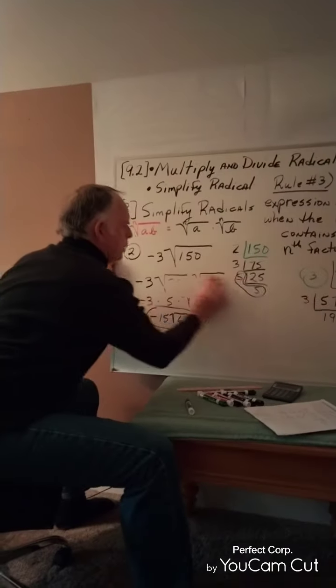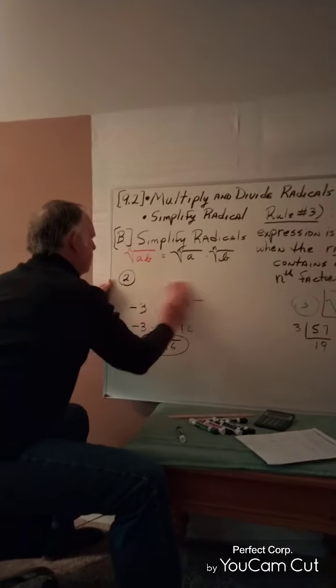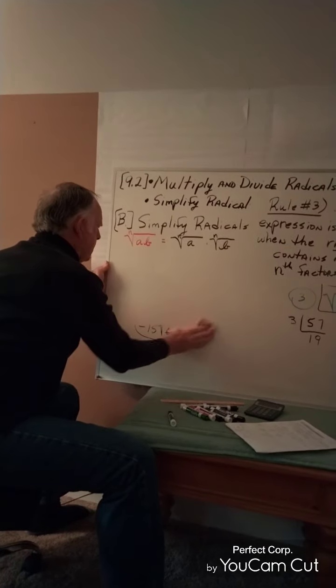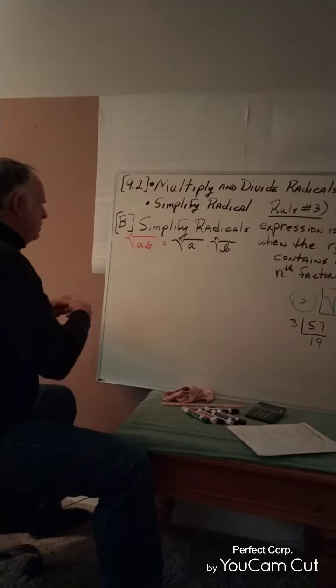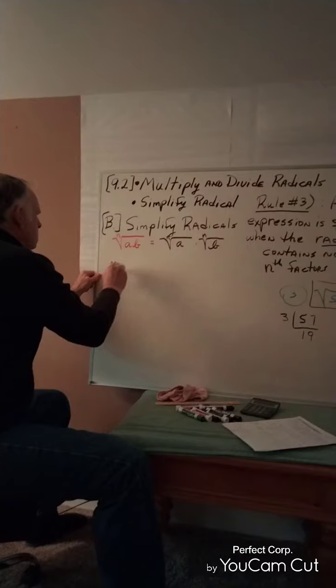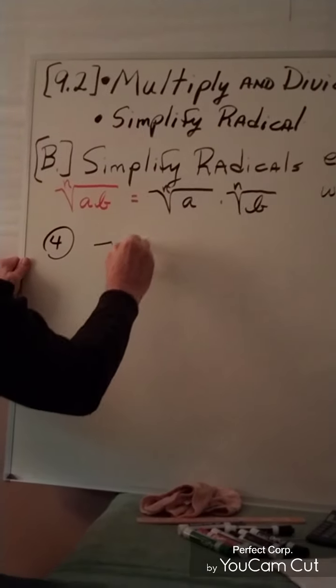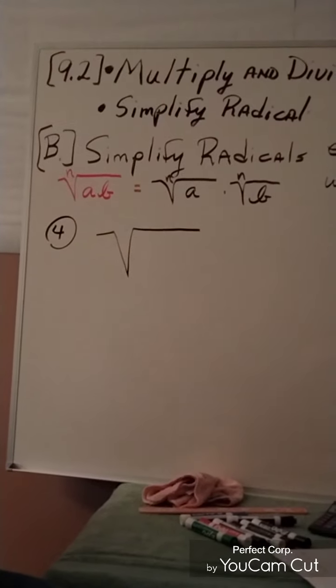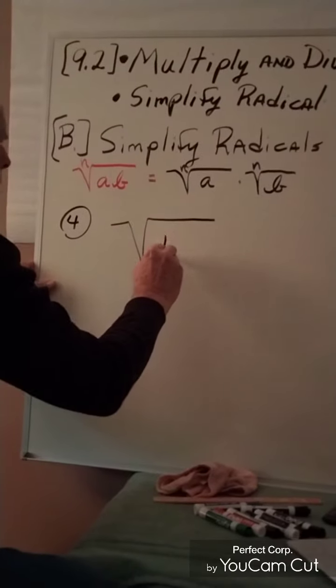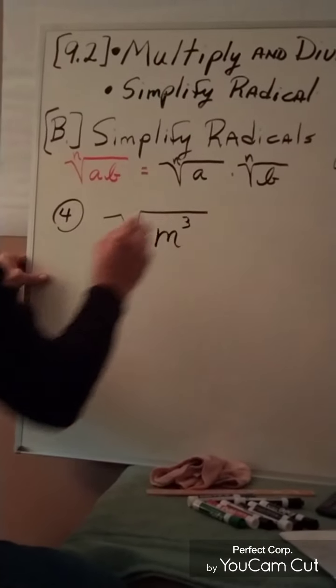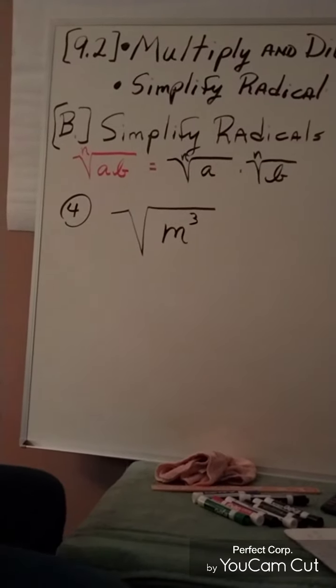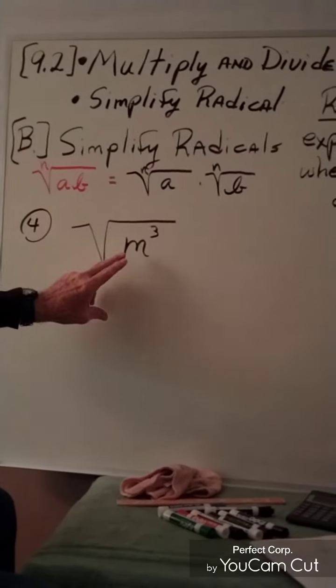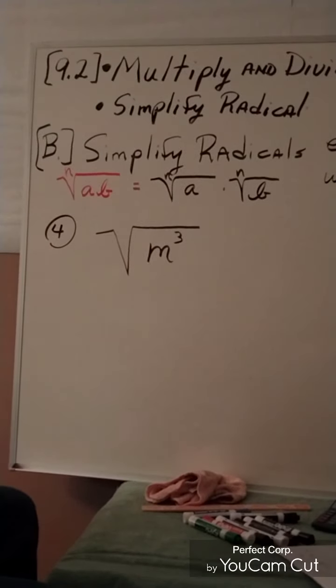All right, let's go to number 4. And let's take a look at something that is different. We'll stay with square root, and we have this. What if the radicand is a variable expression?